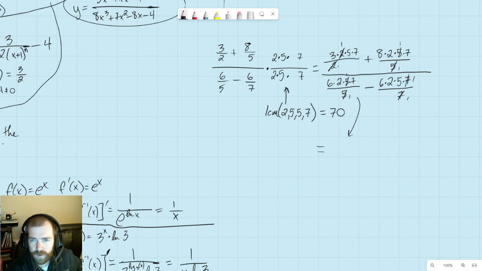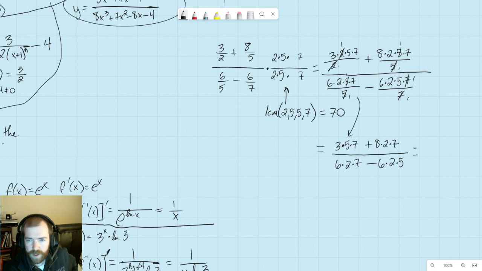So this is going to be equal to what's left? A 3, a 5, and a 7. 3 times 5 times 7. Plus 8 times 2 times 7. All over 6 times 2 times 7. Minus 6 times 2 times 5.